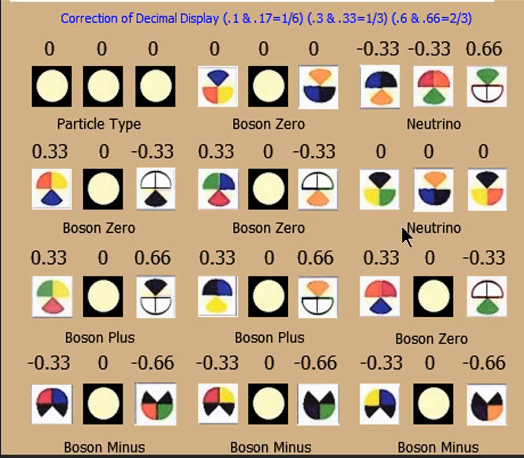We have a neutrino here, but we have a boson 0 here now, and we have a boson minus here. So this boson minus summing with these two and the generic neutrino will give us a -1 electric charge, which is consistent with the standard model for the electron. So now this composition here is the composition of the electron, though that composition includes a generic neutrino.